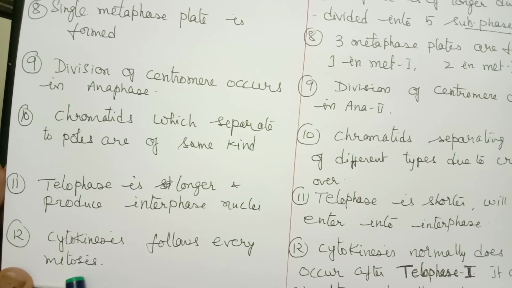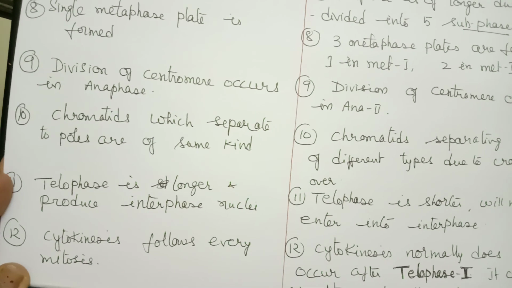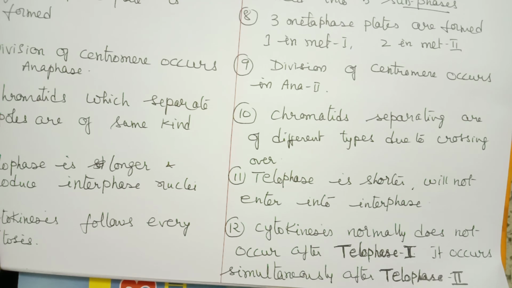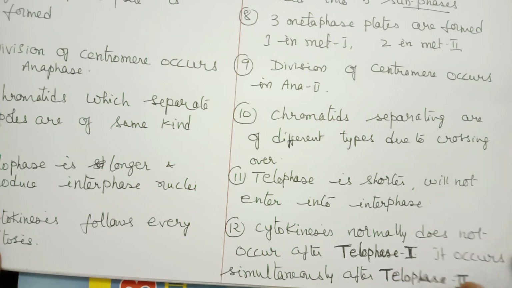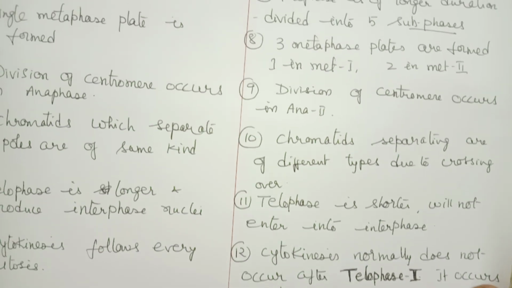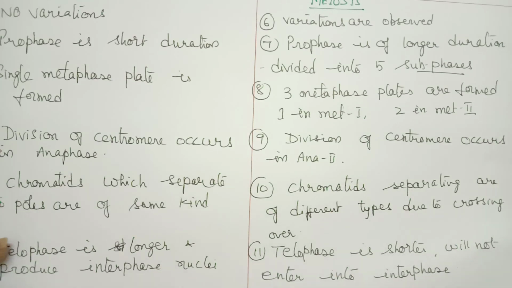Cytokinesis follows every mitosis. But in meiosis, cytokinesis generally does not follow after telophase 1. It occurs after telophase 2. So these are the differences between mitosis and meiosis.